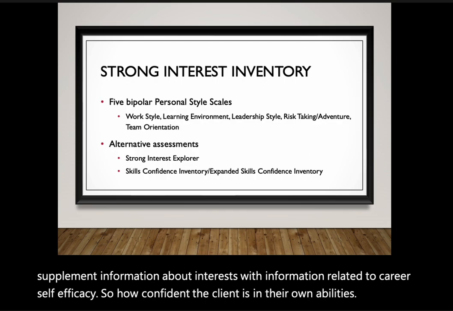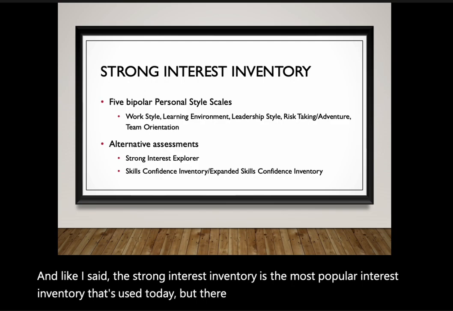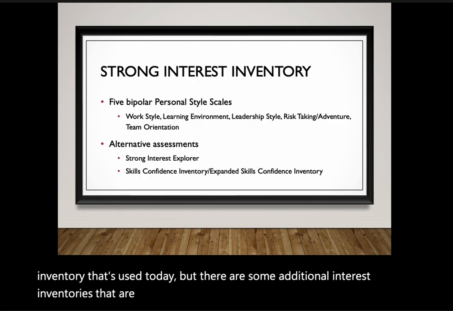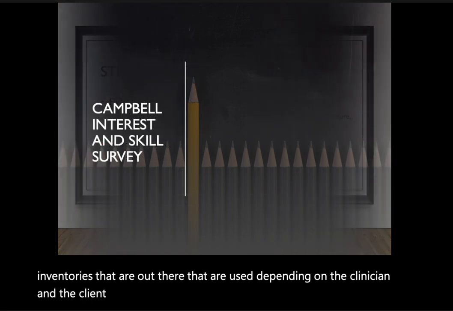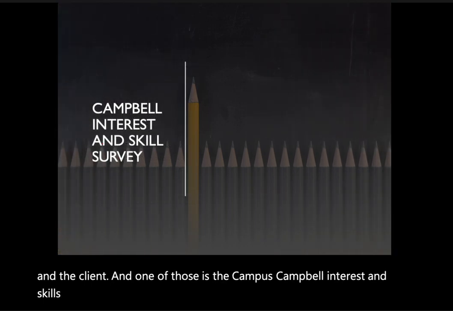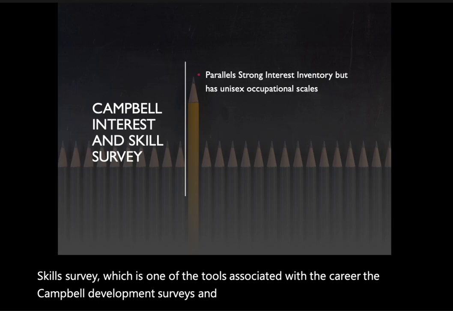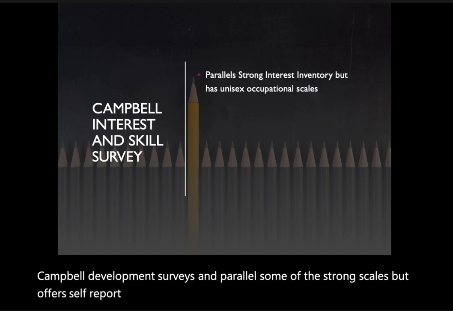And like I said, the Strong Interest Inventory is the most popular interest inventory that's used today, but there are some additional interest inventories out there that are used depending on the clinician and the client. One of those is the Campbell Interest and Skills Survey, which is one of the tools associated with the Campbell Development Surveys, and parallels some of the Strong scales, but offers self-report skill scales to match their interest scales.